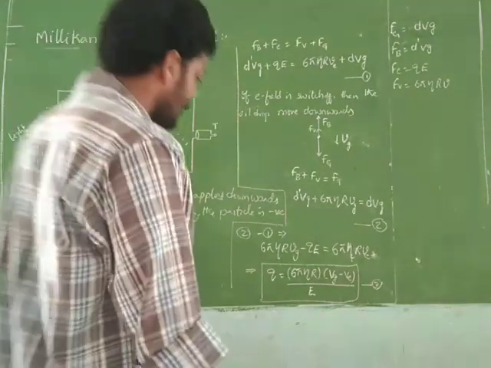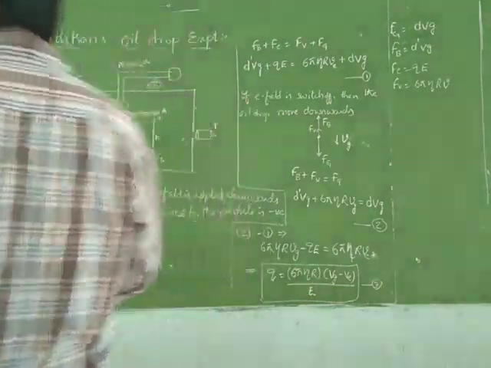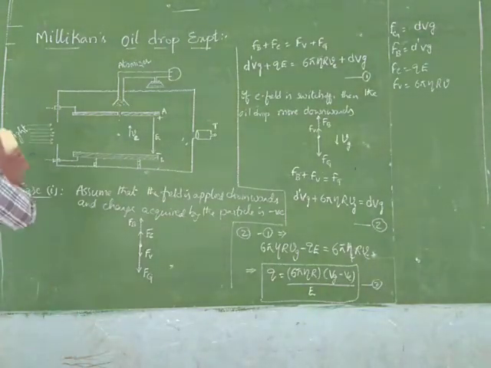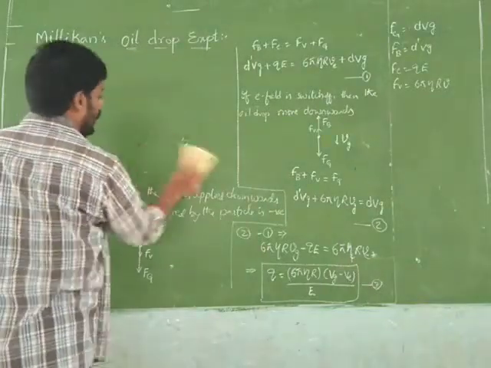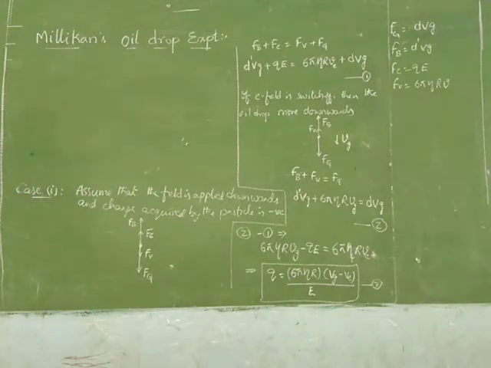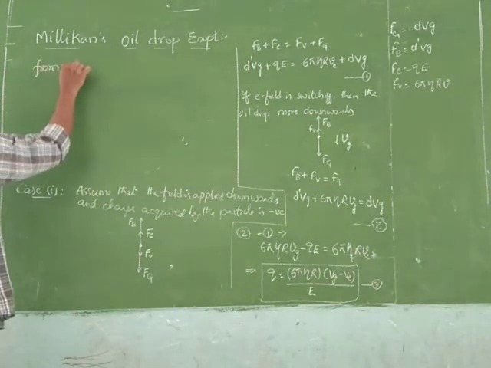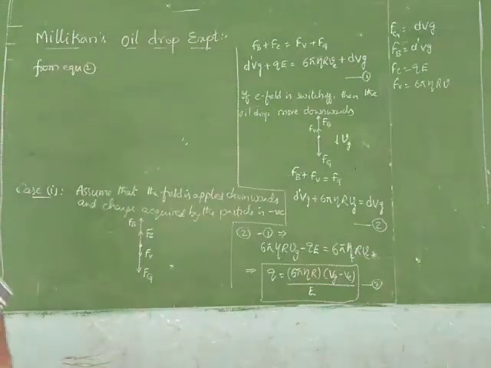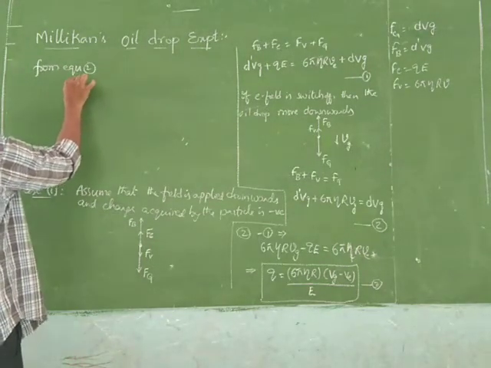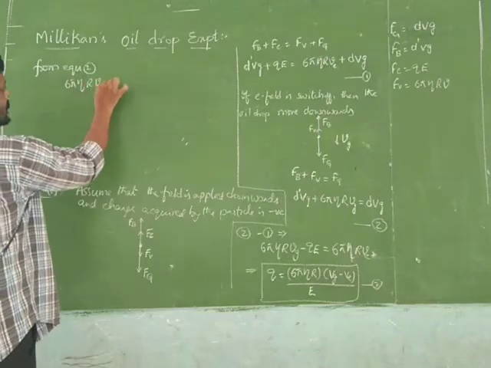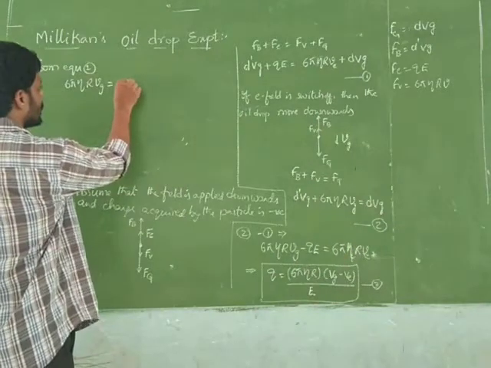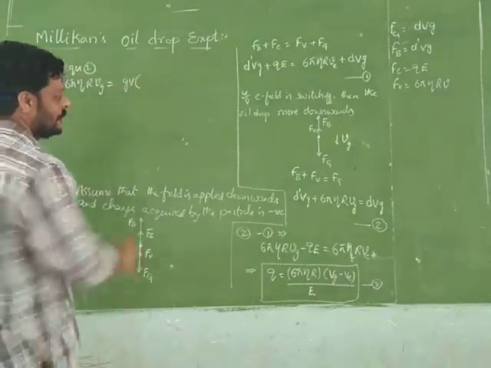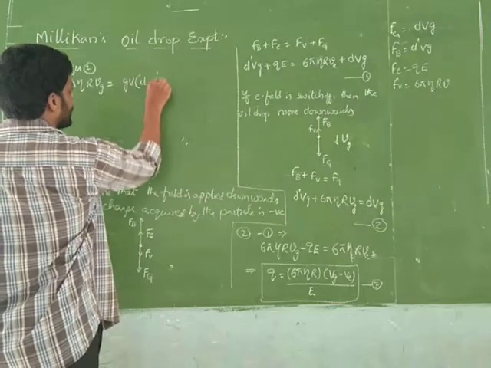Substitute the value of r in equation 3. From equation 2, 6 pi eta r Vz is equal to, I am taking Z as common, ZV times of d minus d prime.